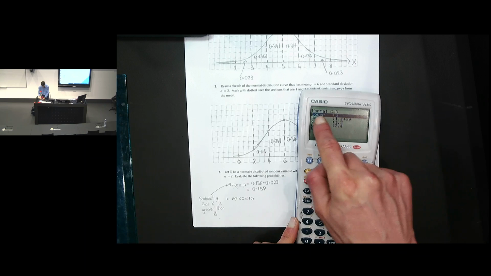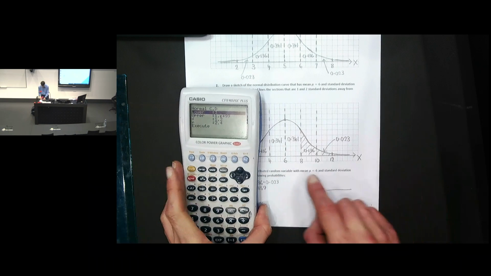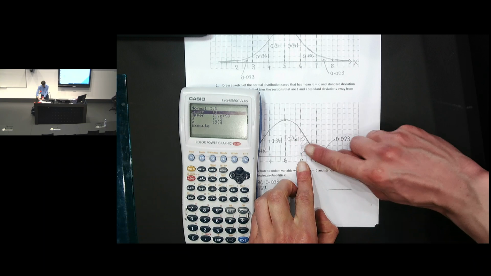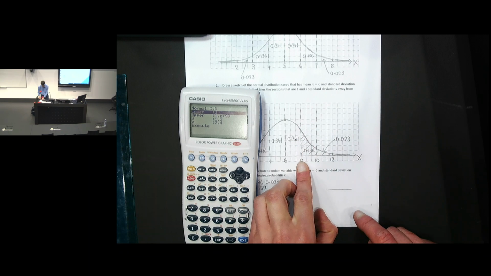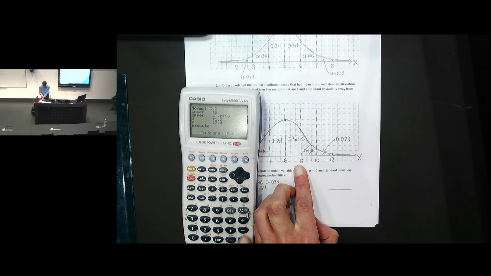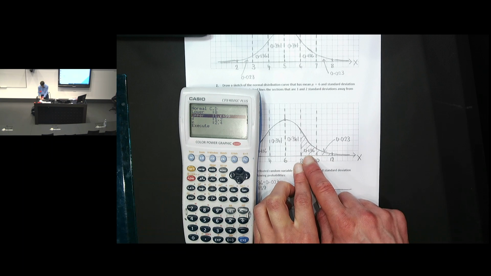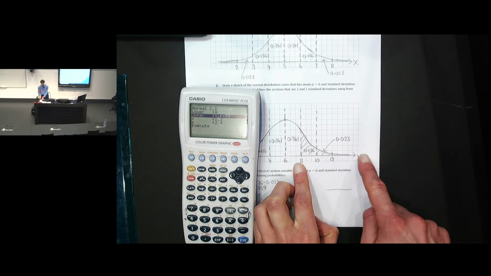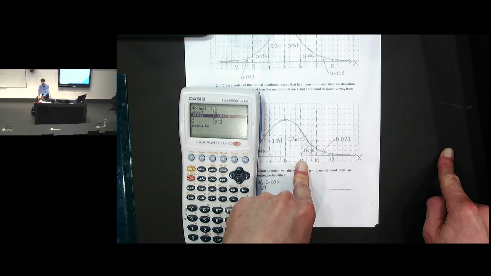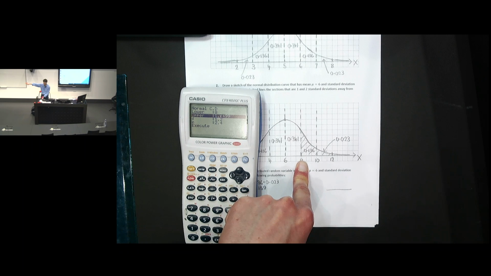Now this lower value is the point at the left end of the area that we want to calculate. In this case we have 8 there, so I put 8 for the lower. For the upper, I want to just keep going forever. Well, forever? Yeah, actually I do. I want to go out to the other side of the universe.